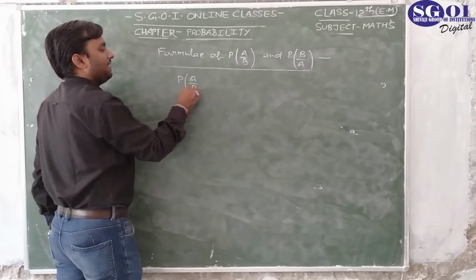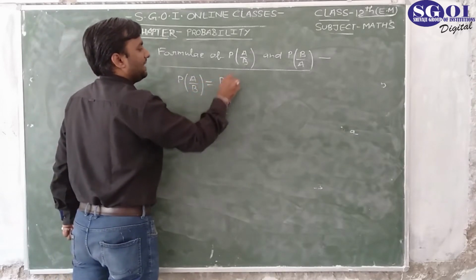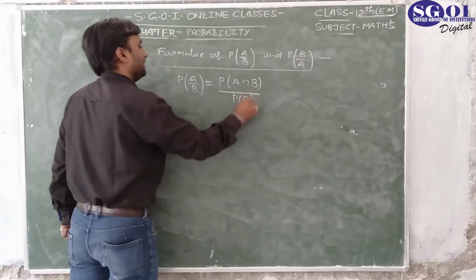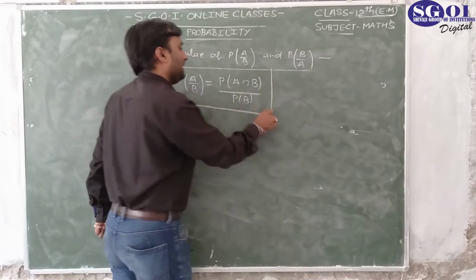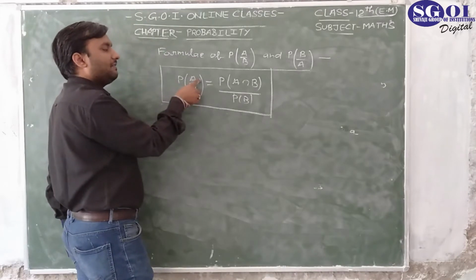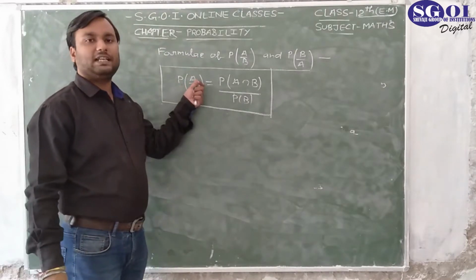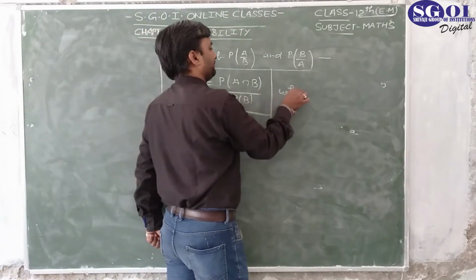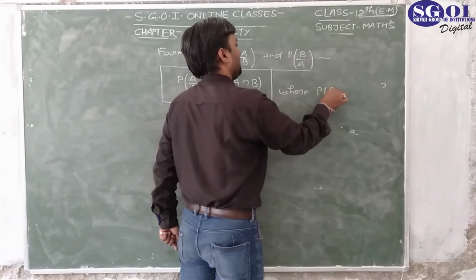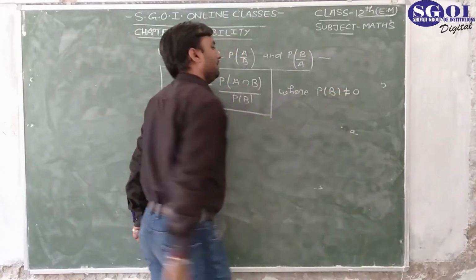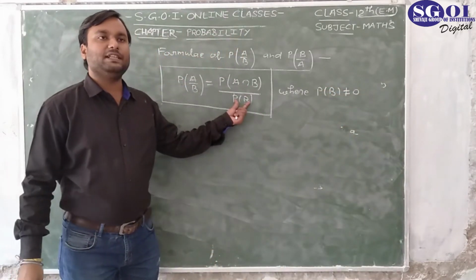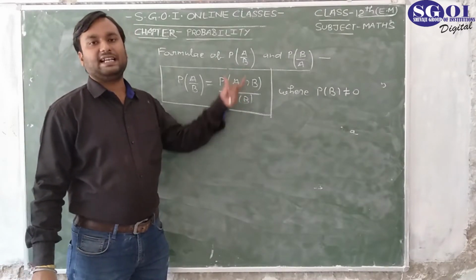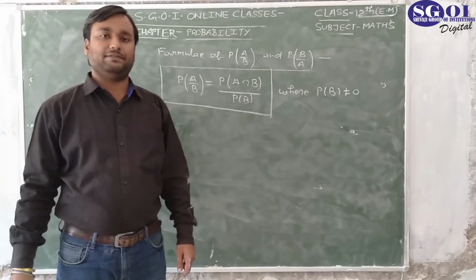P(A|B) is defined by P(A intersection B) upon P(B). This is the formula of P(A|B), which means the conditional probability of A when B has happened, where P(B) is not equal to 0, because if we take P(B) as 0 in this formula, this portion becomes infinite and probability cannot be undefined.